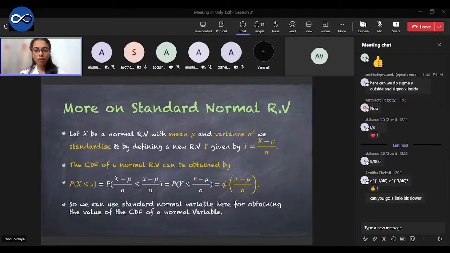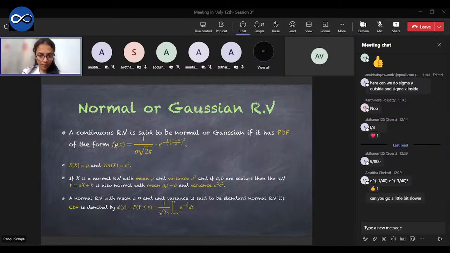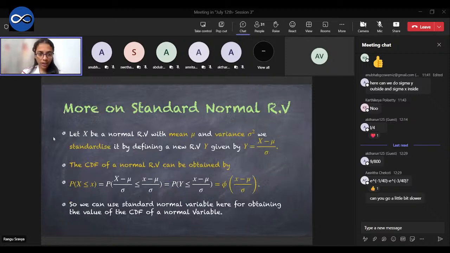That is phi of (x minus mu) by sigma. In the previous slide, we defined phi of y to be the standard normal random variable's CDF. So finally we can find the CDF of a normal random variable in terms of the standard normal random variable by standardizing it. So we can use the standard normal random variable for obtaining the value of the CDF of a normal random variable.